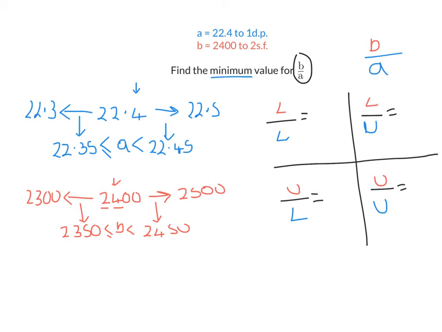So the lower for B is 2,350. And the lower for A is 22.35. I'm just going to get all the writing out of the way first, and then I'll get my calculator. The lower for B, 2,350. But this time I'm using the upper for A, which is 22.45.